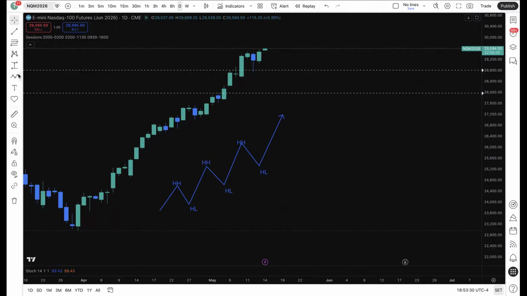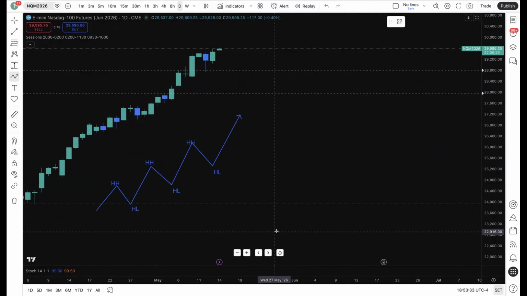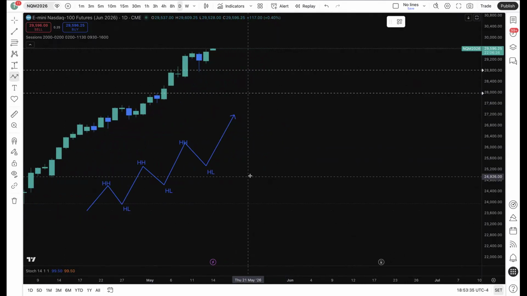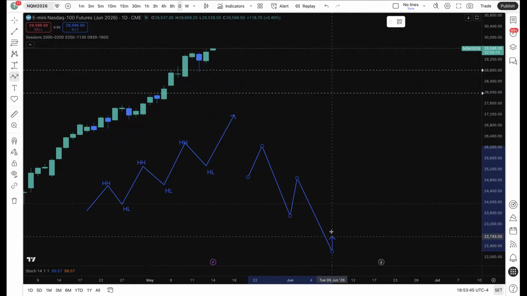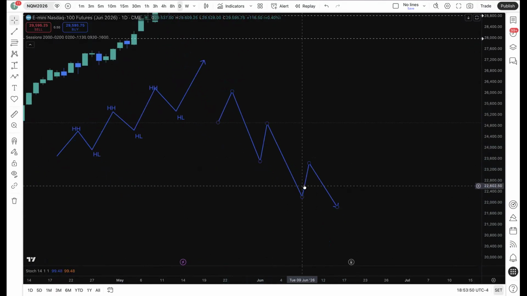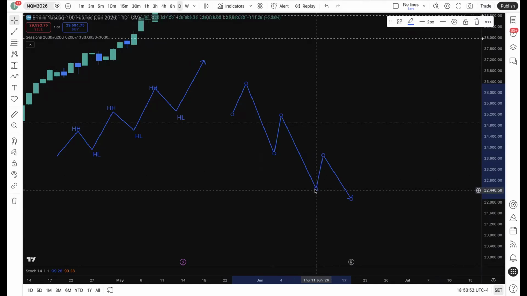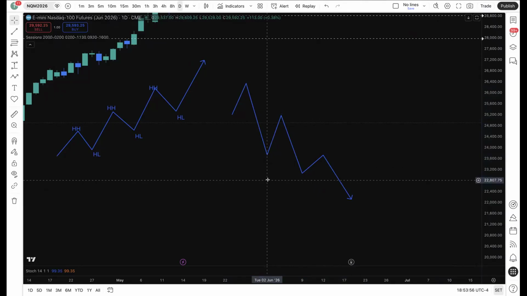And for a downtrend, what do you think it is? Lower high, so it'll go something like this. That's a really good market structure. We don't always get that lucky.